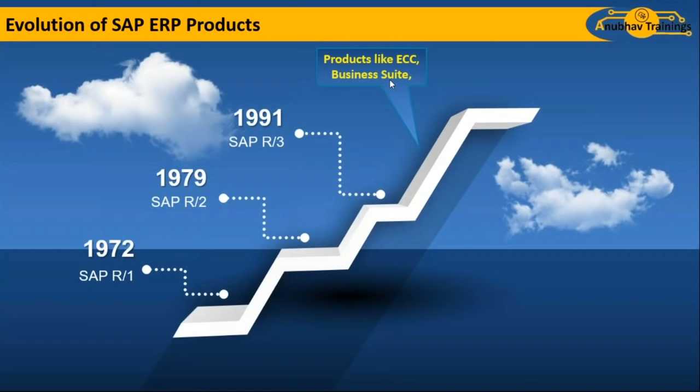These are all the solutions which SAP has offered, controlling all the department integrations, including purchasing, materials management, production planning, supplier relationship management, customer relationship management, financials and controlling. All of these are part of the solution which SAP sells.